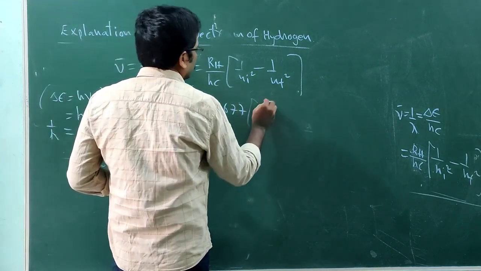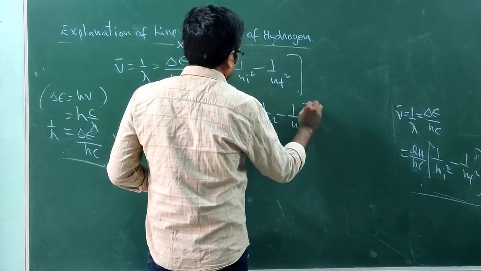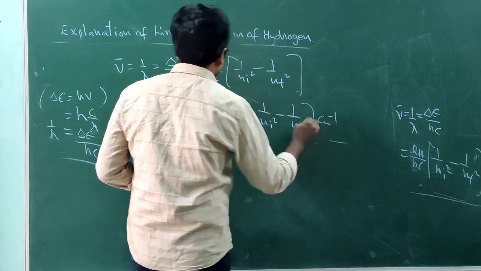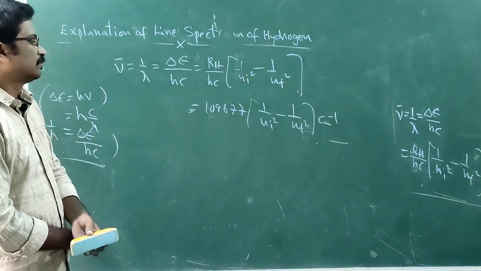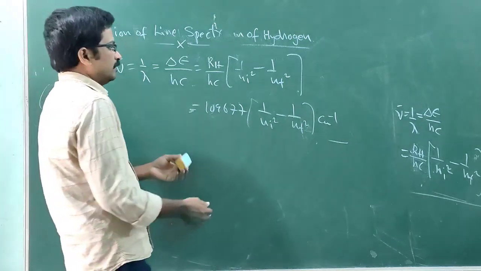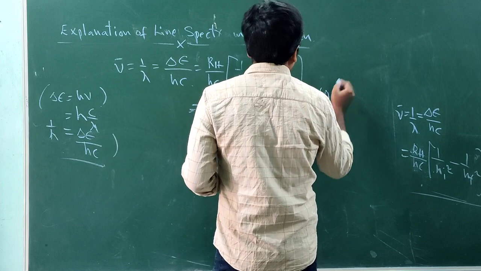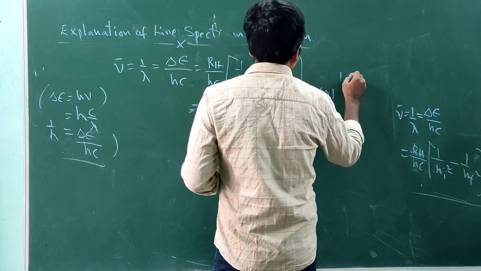Okay, this value we may get as 109,677 into 1 by Ni square minus 1 by Nf square centimeter inverse. In centimeter inverse, the value is 109,677 centimeter inverse. You may get that one, or in some textbooks we may write it like this.